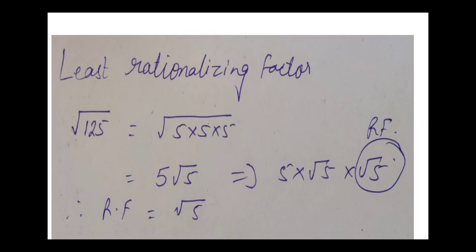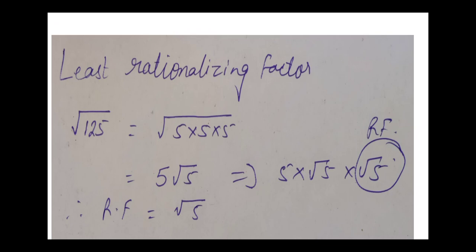Now, how to find the least rationalizing factor? If we see root 125, in the simplest way one can say, if you multiply root 125 by root 125, we will get 125. Yes, it is correct.